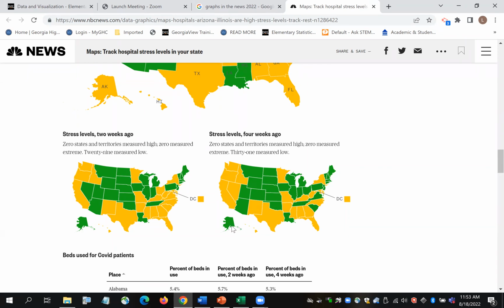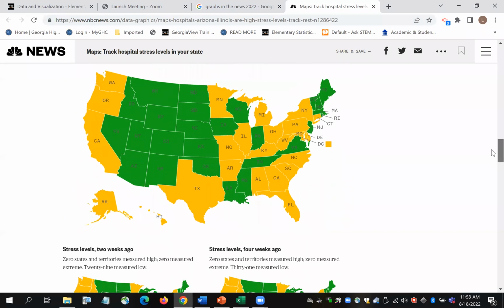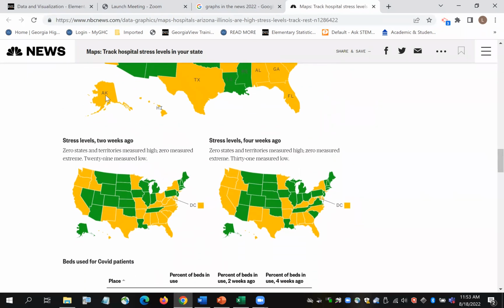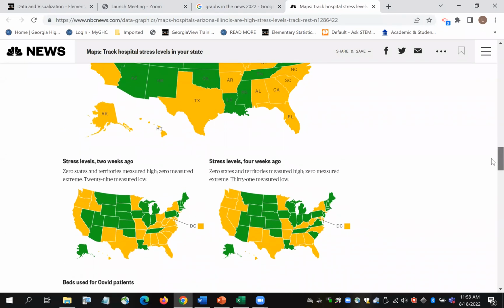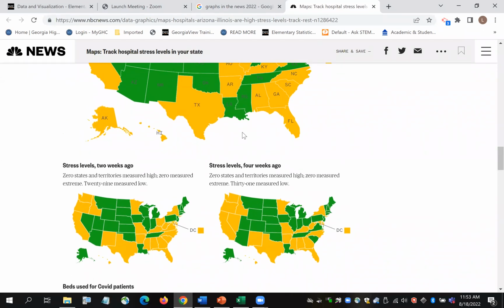If you notice, Alaska, for example, was low 4 weeks ago, and then it's gone up to moderate, which unfortunately might mean there's been an uptick in COVID cases in that region. Notice that Georgia in all 3 cases has been low.